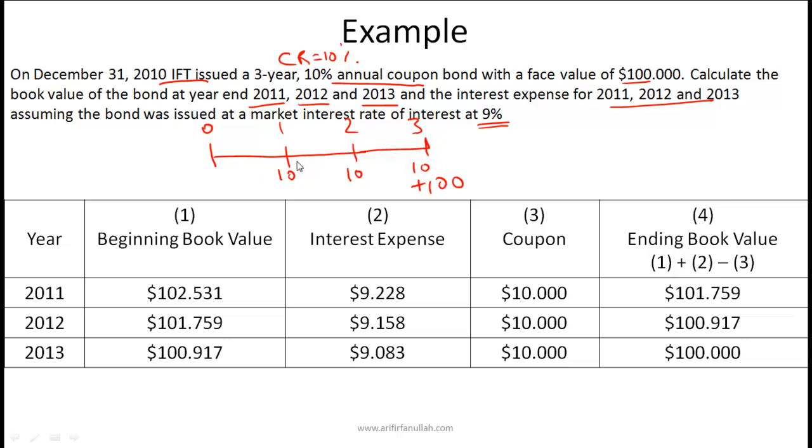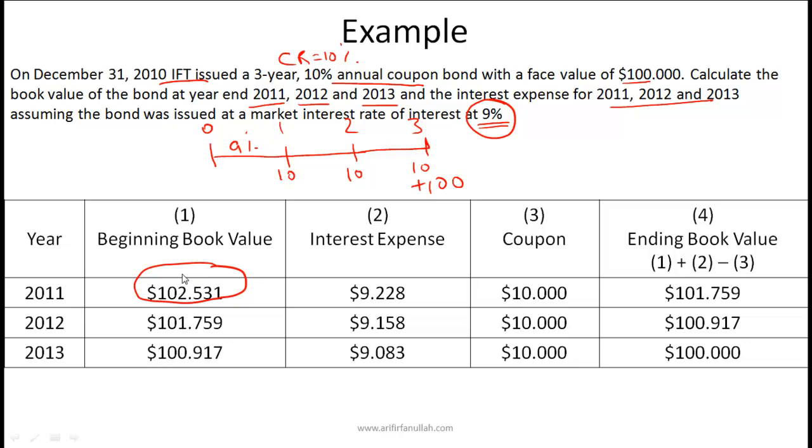And the present value using an interest rate of 9% is 102.531. So on your calculator, if you plug in payments 10, n is equal to 3, FV is equal to 100, you will get this present value.